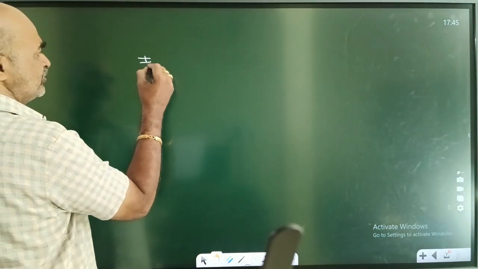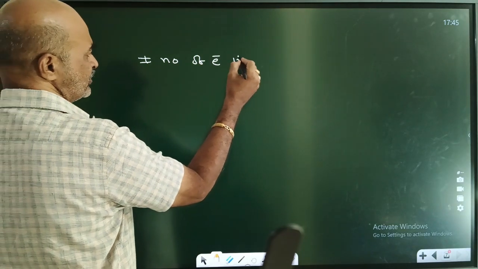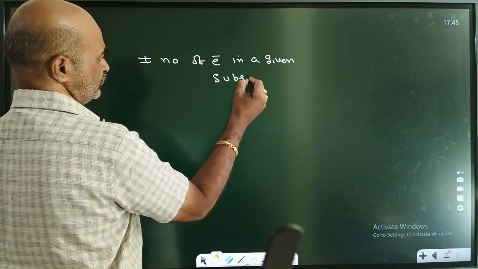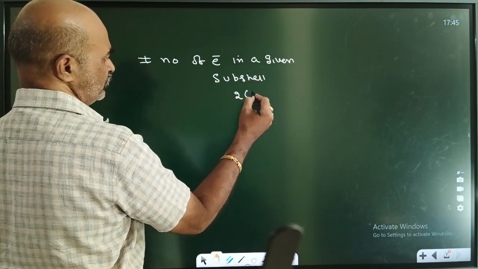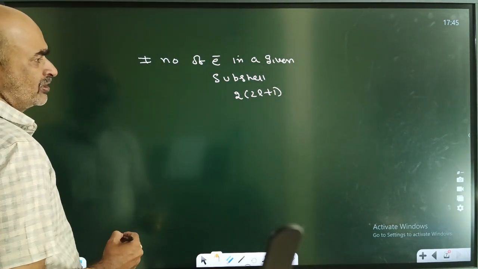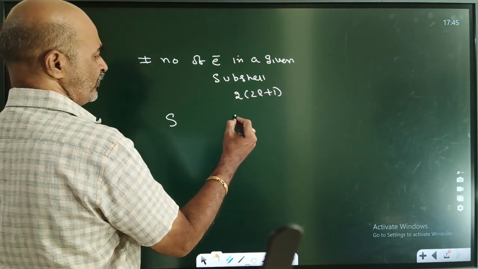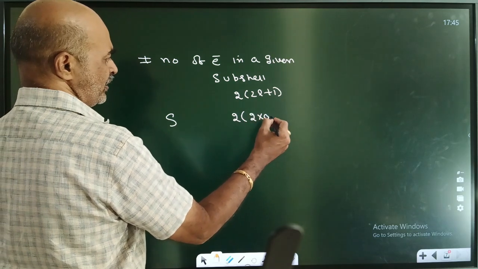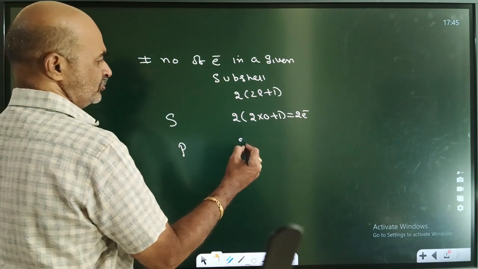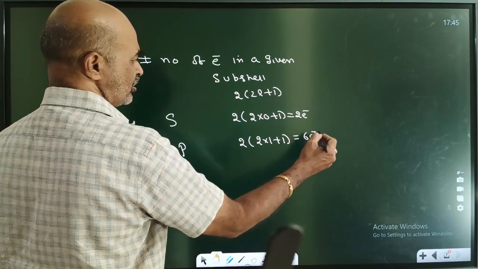Next, the number of electrons in a given subshell is equal to 2 into 2L plus 1. This is the s subshell: number of electrons 2 into 0 plus 1, that is equal to 2 electrons. This is the p subshell: 2 into 1 plus 1, that is equal to 6 electrons.